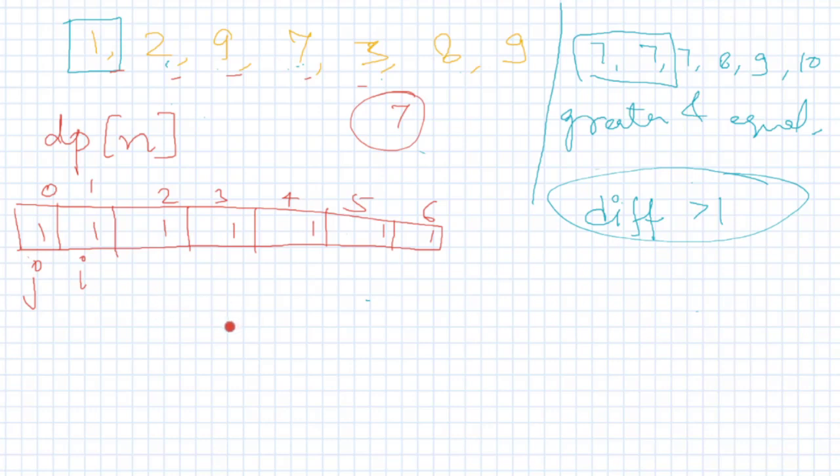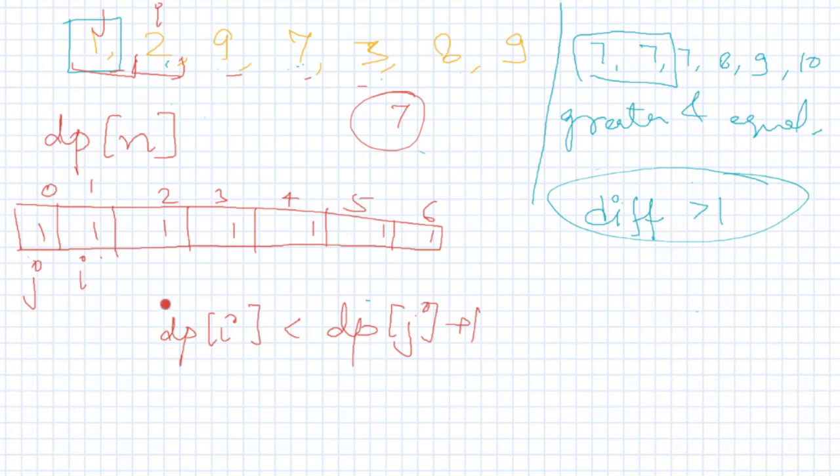Now for every I and j, we'll check if nums of I is greater than nums of j, as well as dp of I is less than dp of j plus 1.